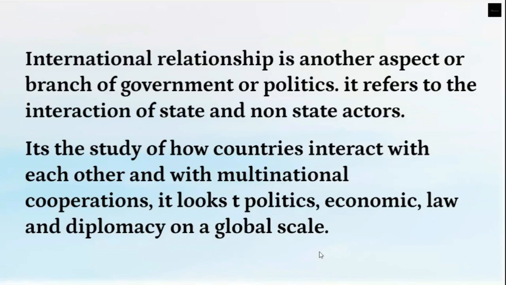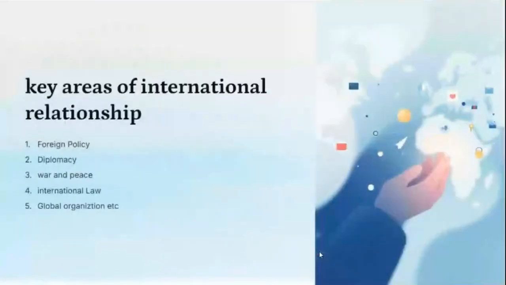Now, when you talk about international relationship, we have the key areas of international relationship. What are they? We have foreign policies. These are the key areas you look at. What is foreign policies? A country's plan for dealing with other nations, the strategy they use in dealing with other nations, that's foreign policies.